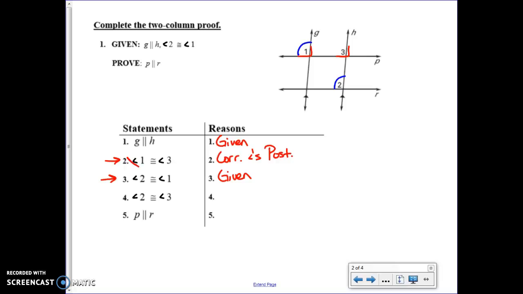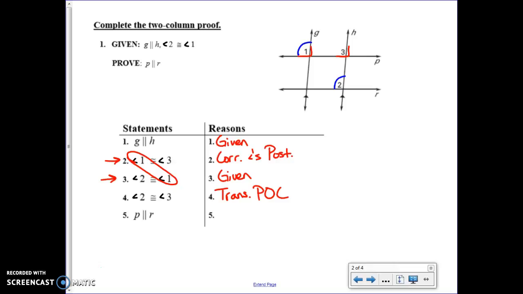If you notice, these angle 1s are on the diagonal, and we're canceling them out. And we end up with angle 2 and angle 3 being congruent to each other. When we're canceling on that diagonal, we remember that that is the transitive property of, and I see that I'm using congruent symbols, so that's the transitive property of congruence.